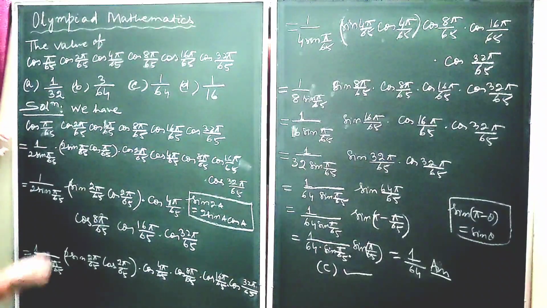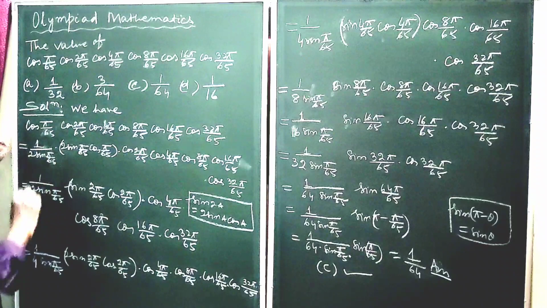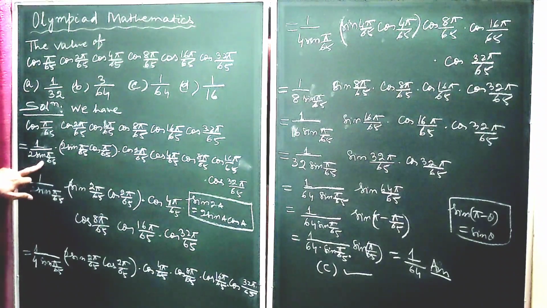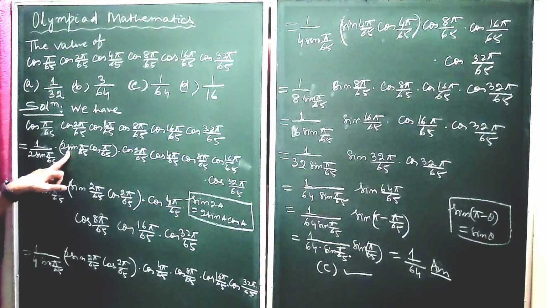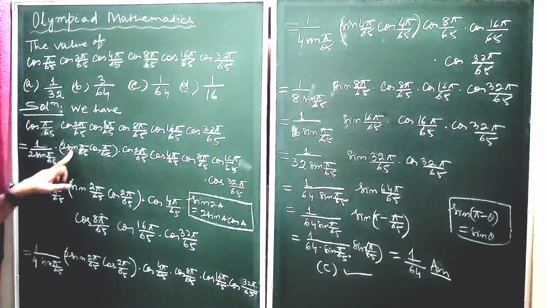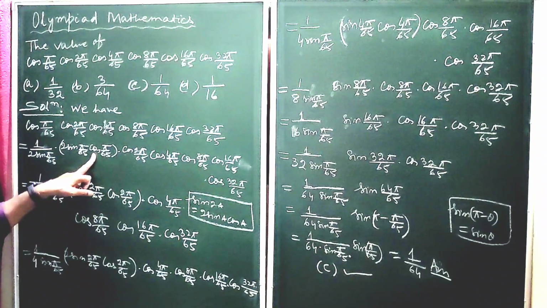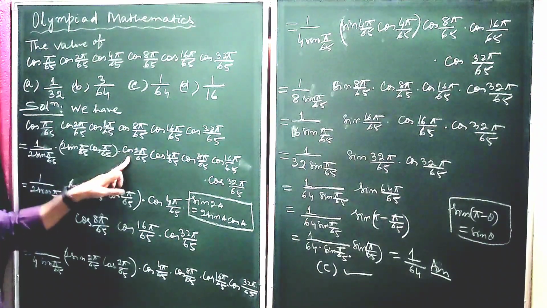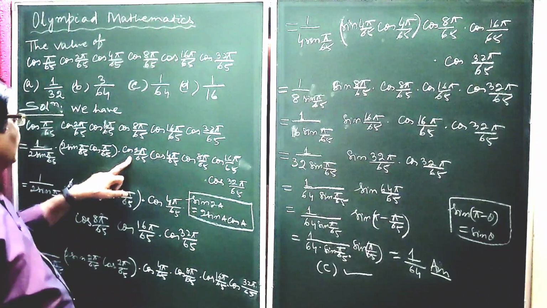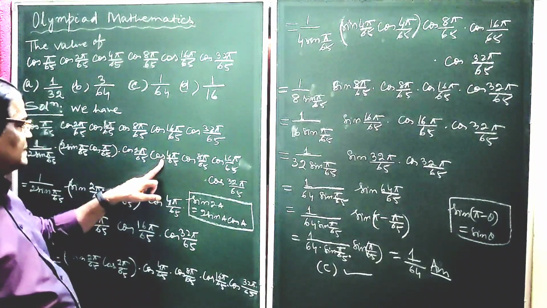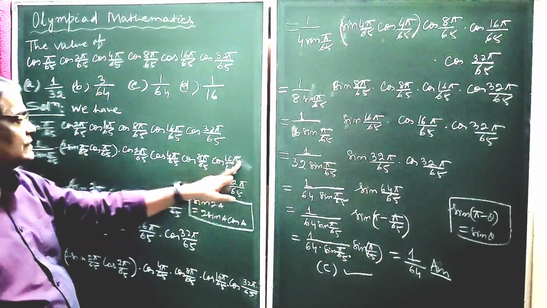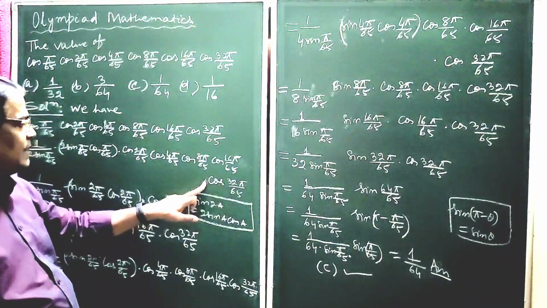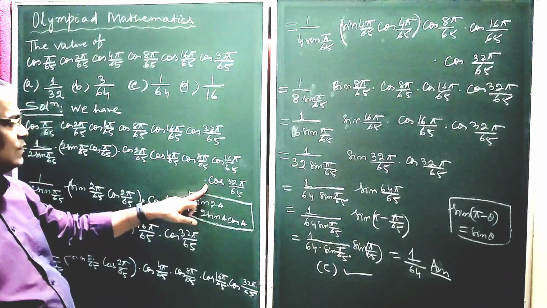We divided by 2 sin pi by 65 and multiplied by 2 sin pi by 65. Now 2 sin pi by 65 cos pi by 65, the remaining factors are cos 2 pi by 65, cos 4 pi by 65, cos 8 pi by 65, cos 16 pi by 65 into cos 32 pi by 65.